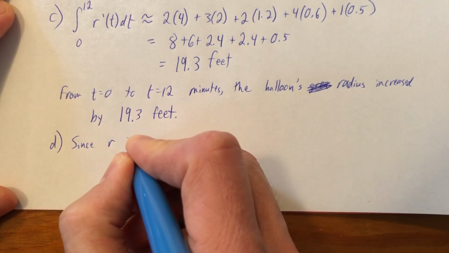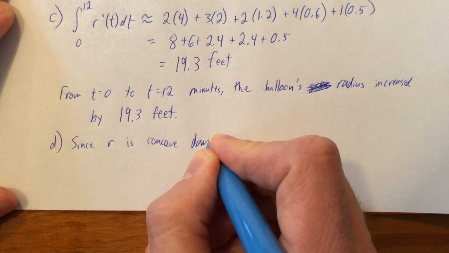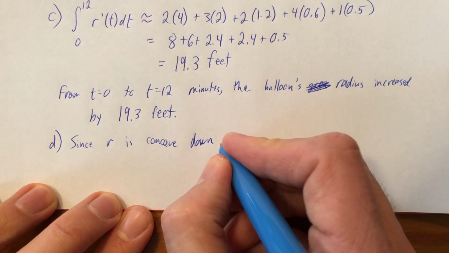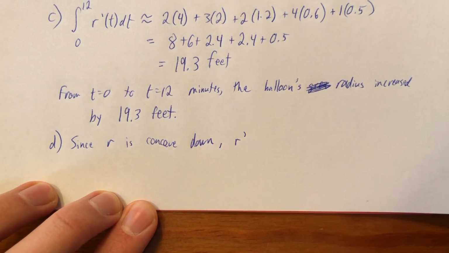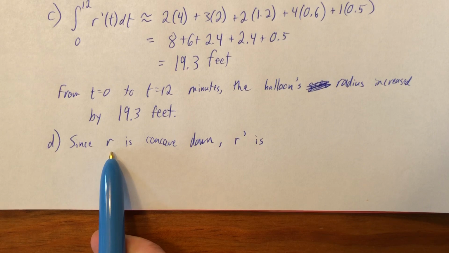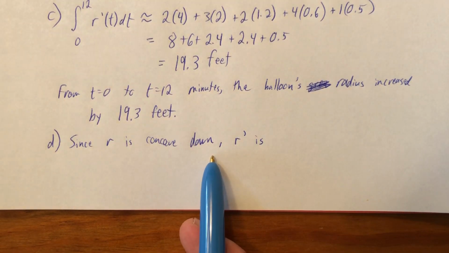Since R is concave down, R prime is, okay, R is doing something at a decreasing rate. Its second derivative is negative.